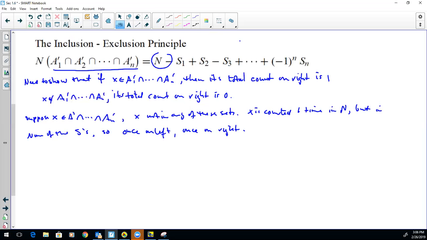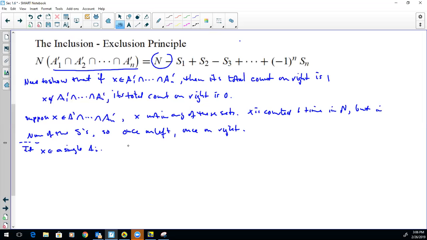Now, if it's in this set and you would count it on this side, the only place it's going to be is over here. So it'd be counted once on the left and once on the right. Now, let's suppose X is in a single one of these A sub i's.